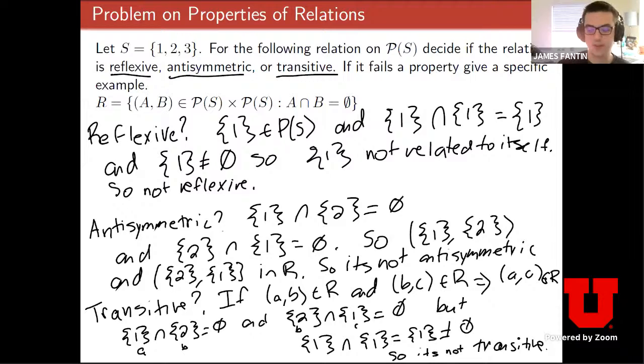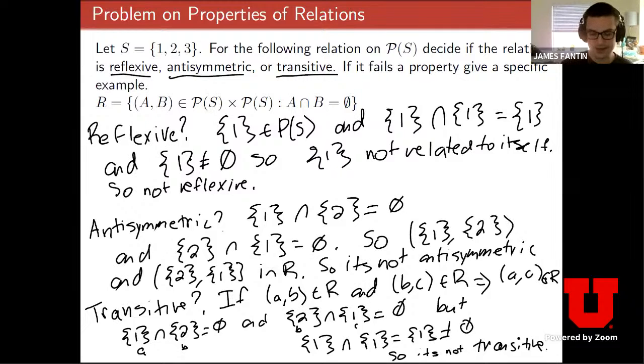Someone asked, does not reflexive and not symmetric imply that it's not transitive? I'm trying to think if that always works. I don't think that always holds. You can certainly have relations that have none of these properties, that are neither reflexive, nor symmetric, and are not transitive.